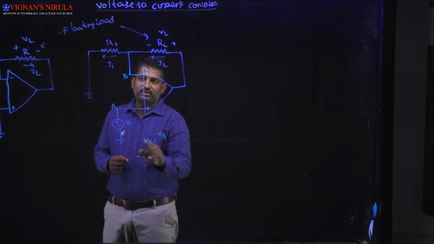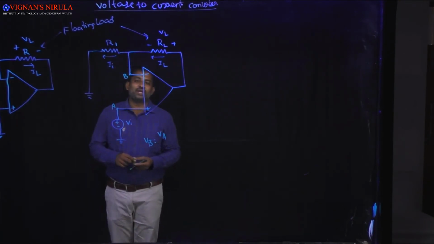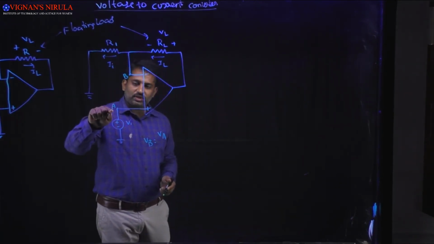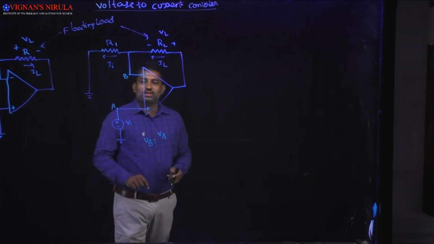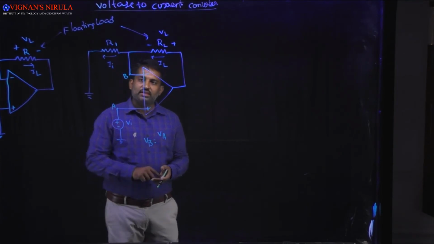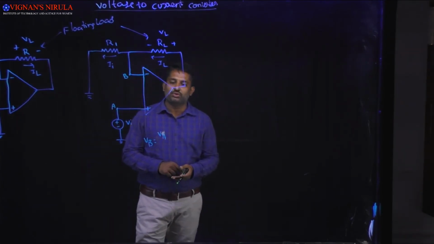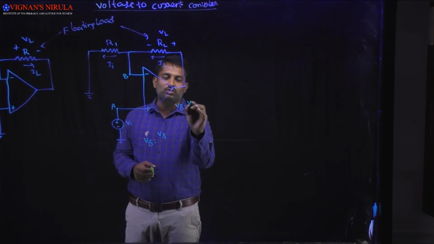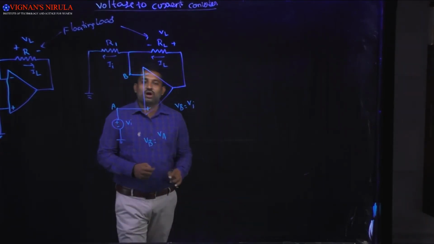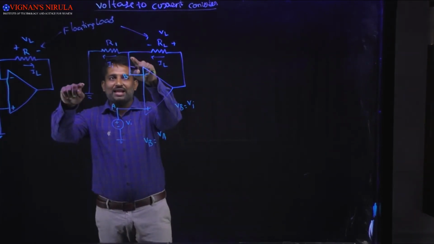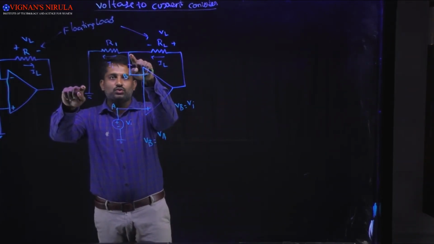How can we treat VB as equal to VA? According to the virtual ground concept, the potential at A will be equal to the potential at B. The potential at A will be equal to Vi, so automatically the potential at B is also equal to Vi. So I am considering VB equal to Vi. Now, according to Ohm's law, I am going to calculate the current between these two nodes.